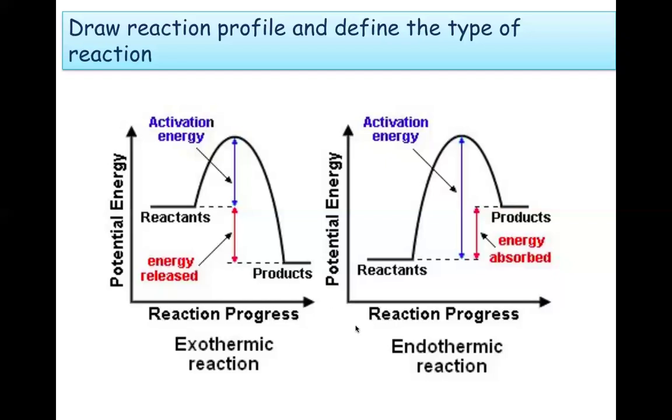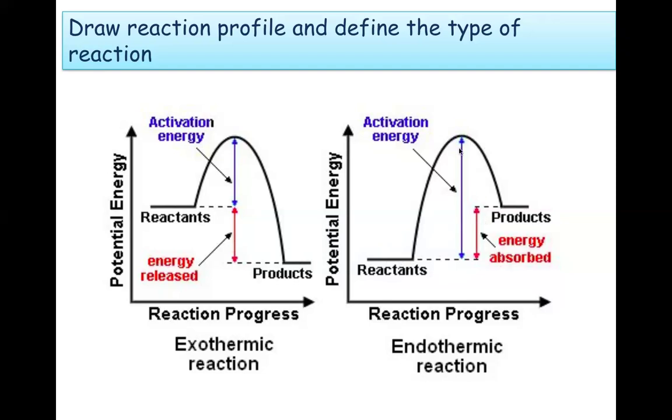Now, the endothermic reaction, same axes again, reaction progress and potential energy at the side. Your reactants are starting off at a lower level of energy than the products. The reactants you can see have a much, much higher hill to overcome in order to form the products. And in this case, this is the energy taken in by the reaction.